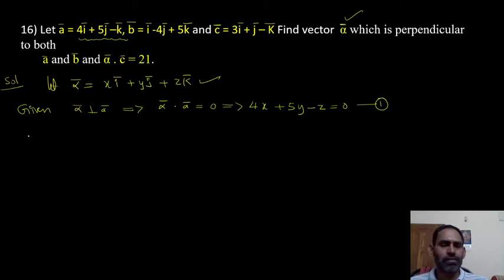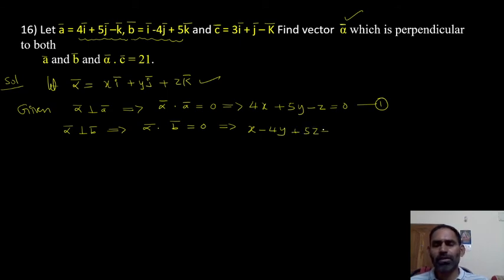Next, the second condition. Alpha bar is perpendicular to b bar. That implies alpha bar dot b bar equals 0. Once again the dot product is 0. Find the dot product, a1 a2 plus b1 b2 plus c1 c2: x into 1 is x, next y into minus 4 is minus 4y, z into 5 is plus 5z, equal to 0.